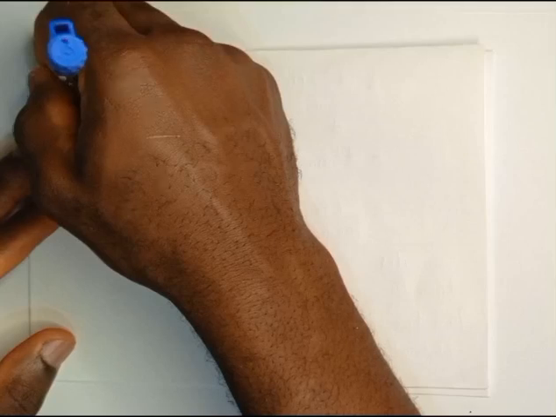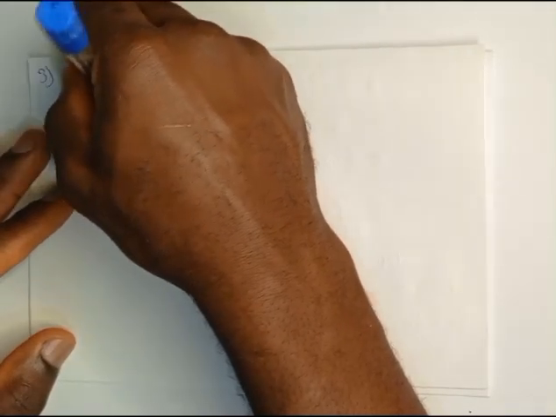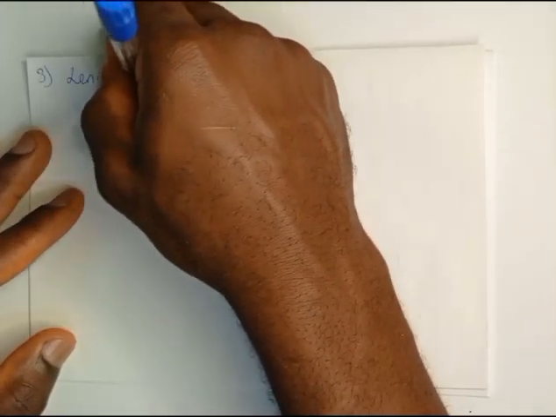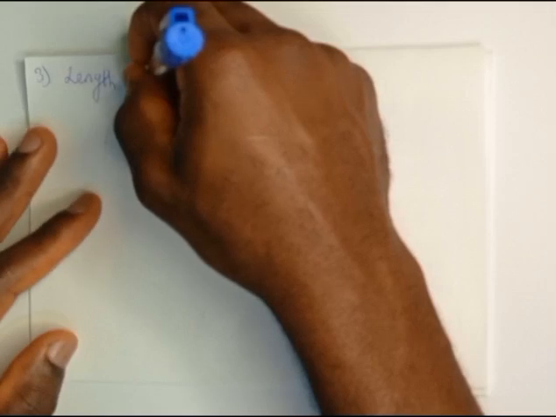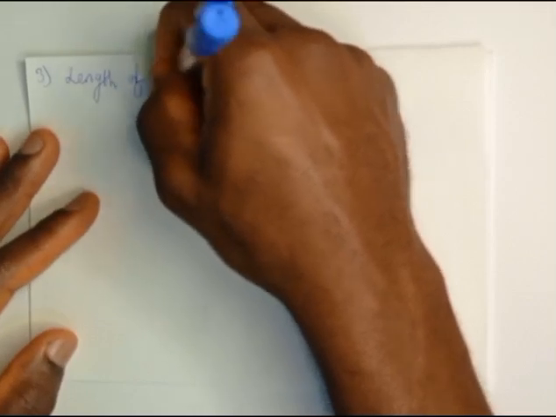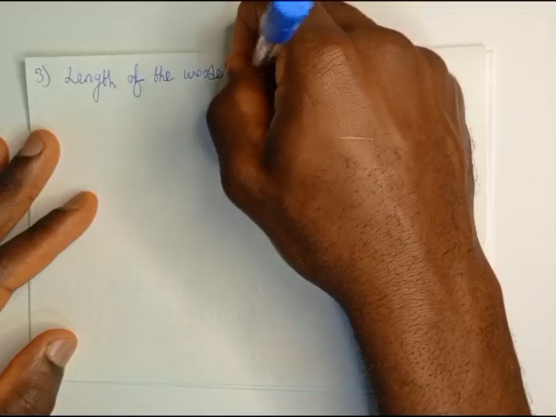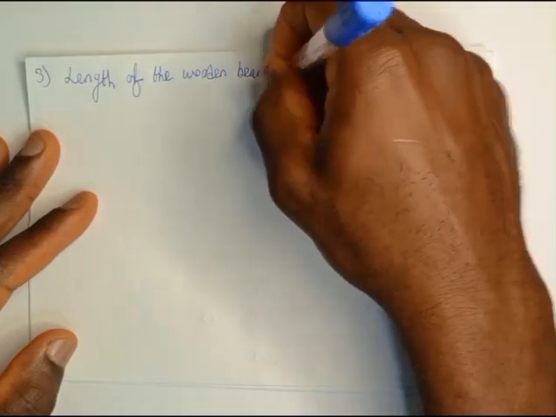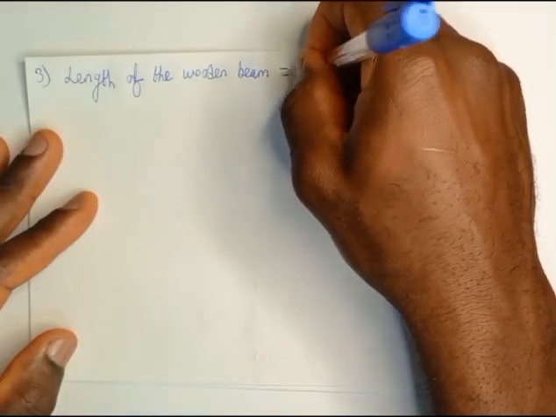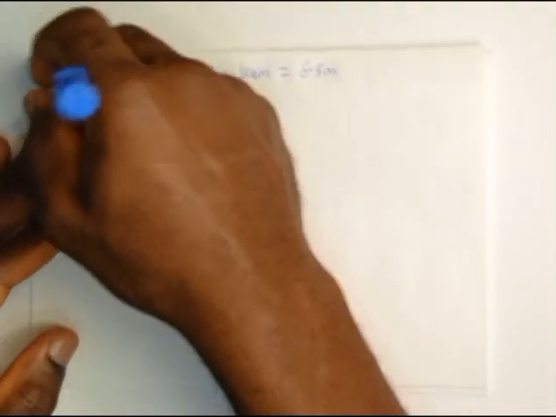Question 3. First, we have been given the length of the wooden beam to be equal to 6.5 meters.